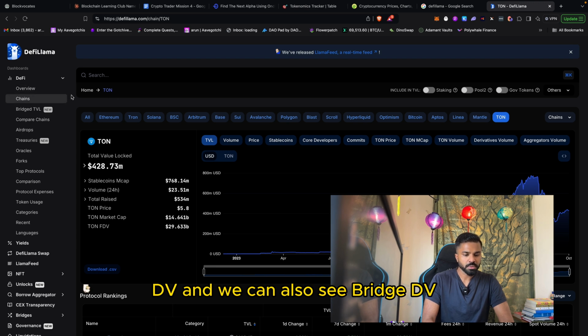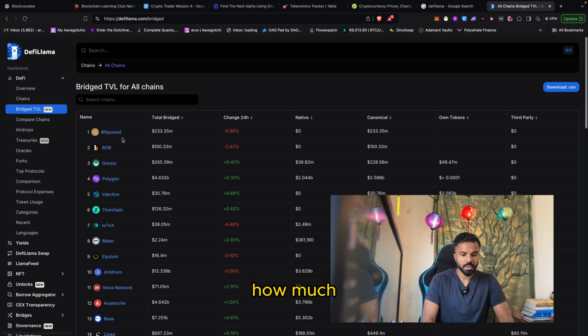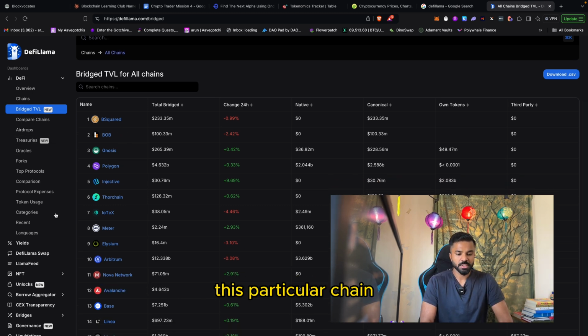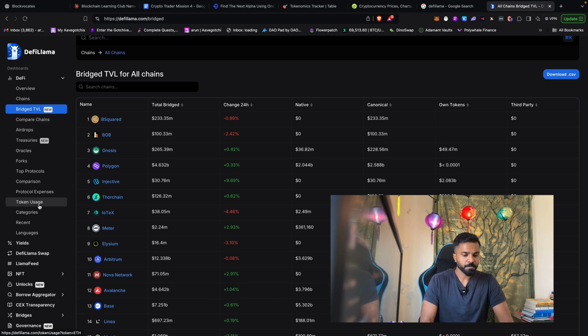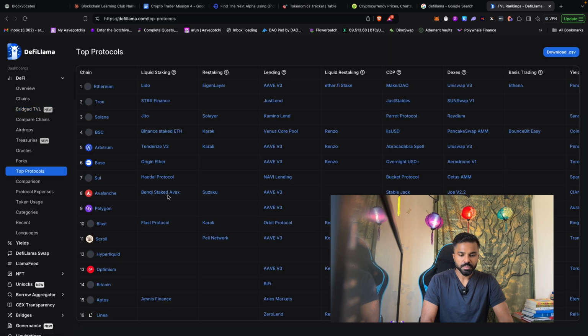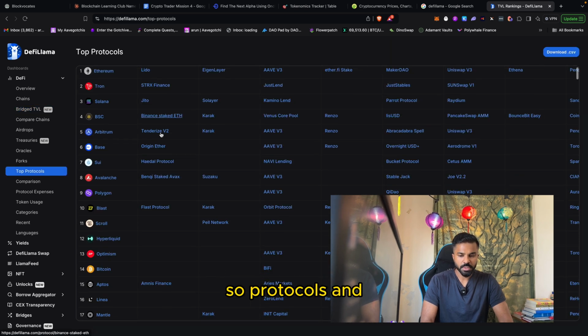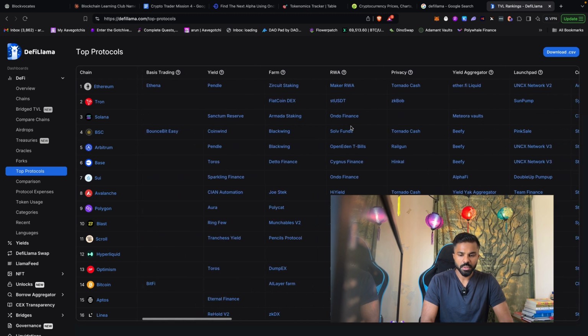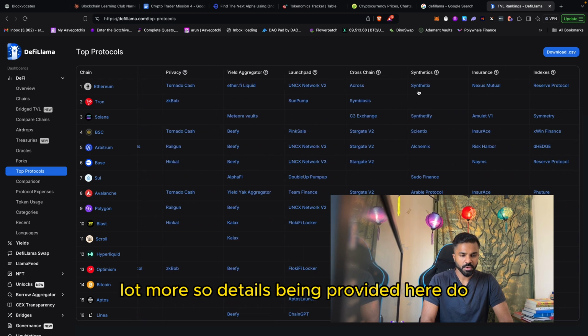And we can also see Bridge TVL, how much money is moving from other chains to this particular chain. We can also look at top protocols. So these are protocols, and again a lot more details are provided here too.